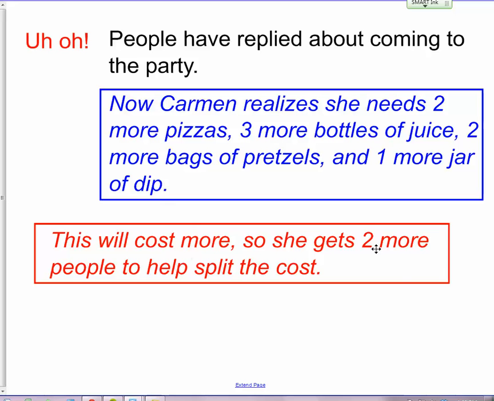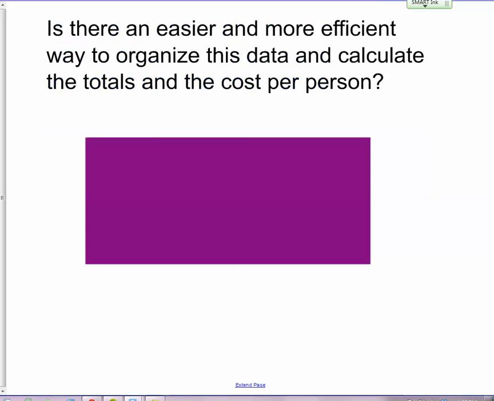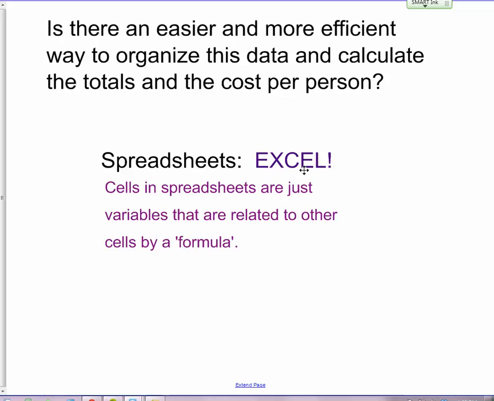And then because it cost more, she was able to recruit 2 more people to help her share the cost. So then you had to recalculate those amounts, add up the total, and then divide by 6 to get the cost per person. And the question was, is there an easier way to organize this data and do all the computations? And the answer was yes, and that's using a spreadsheet.